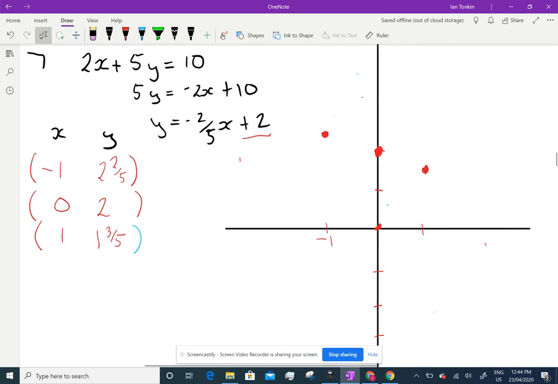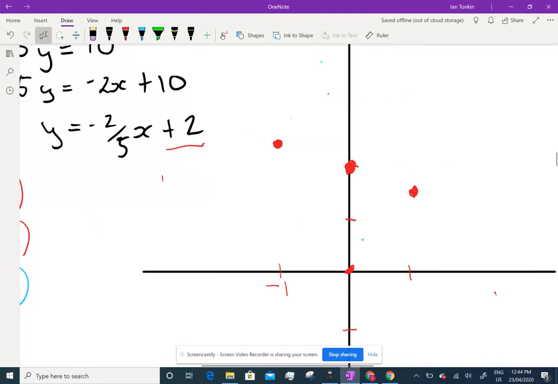Now, if I do big dots, hopefully I'll mask the error, because I haven't done it as accurately as on grid paper, and that's no good. Come on, where's my eraser? Thank you.